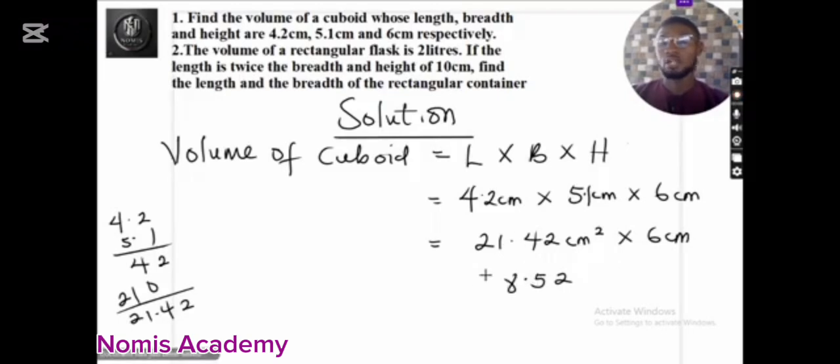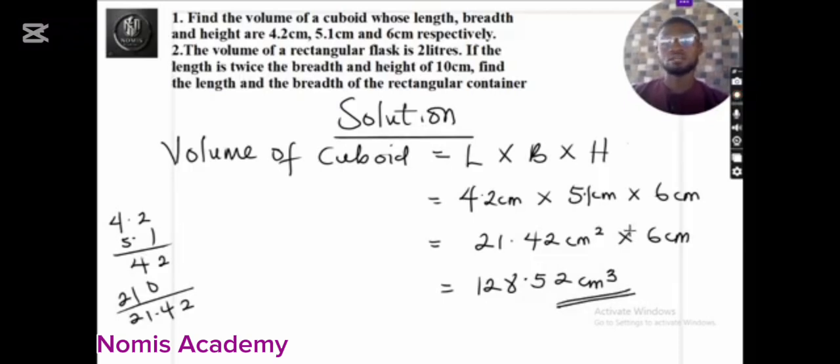And 6 times 2 is 12. So that is 128.52. Centimeter squared multiplied by centimeter would be centimeter cube. So the volume of this keyboard is 128.52 centimeter cube, and that's the answer to that question.